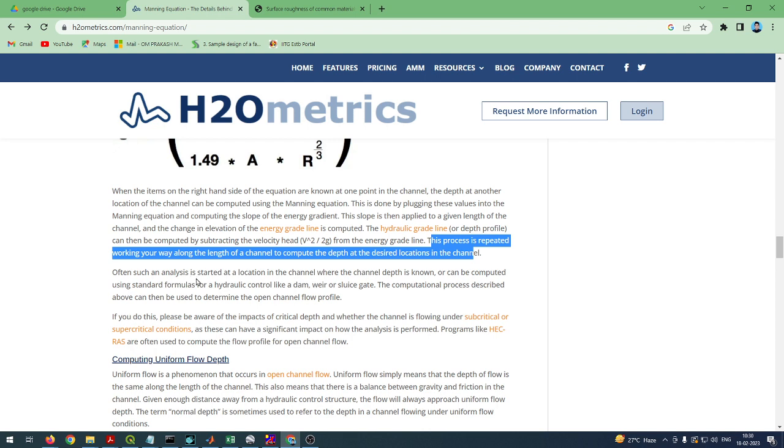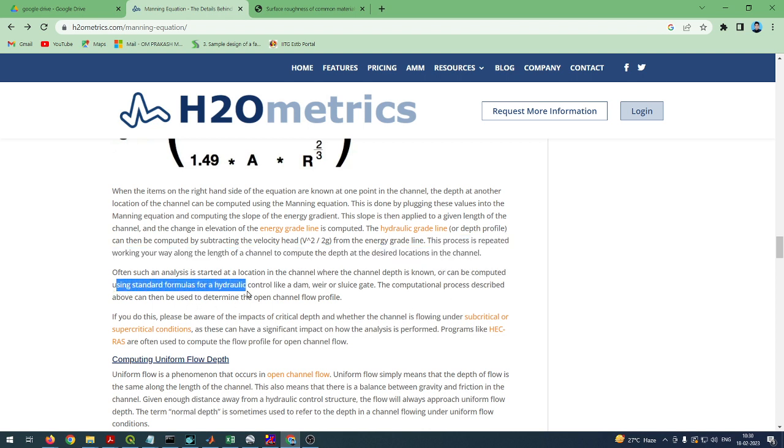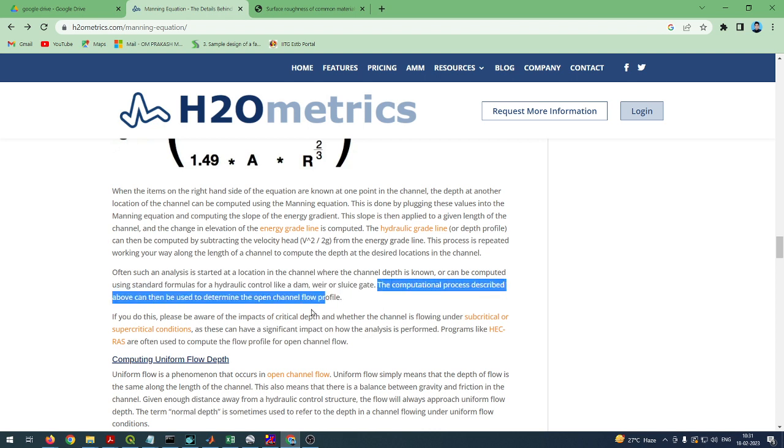Often such analysis is started at a location in the channel where the depth is known or can be computed using the standard formula of a hydraulic control like a dam, weir, or sluice gate. The computational process described above can then be used to determine the open channel flow profile.